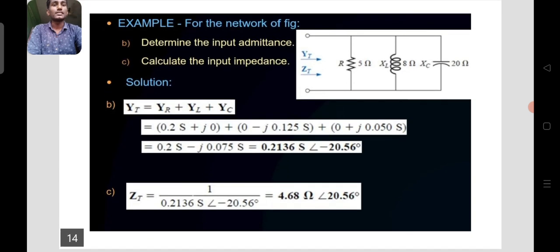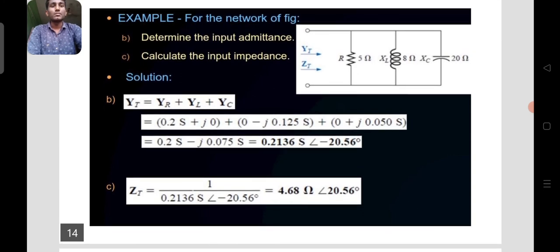And in another example, determine the input admittance and input impedance of the circuit. So here you can calculate the input admittance and input impedance from the circuit by YT equal to YR plus YL plus YC.